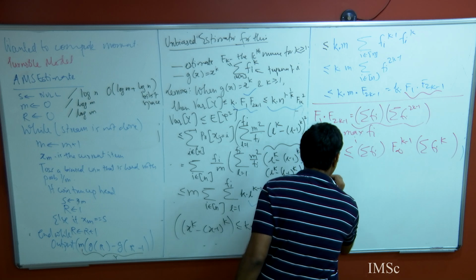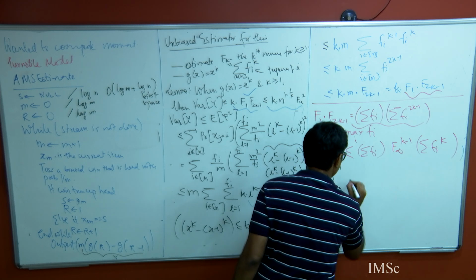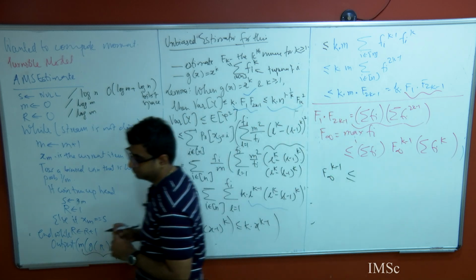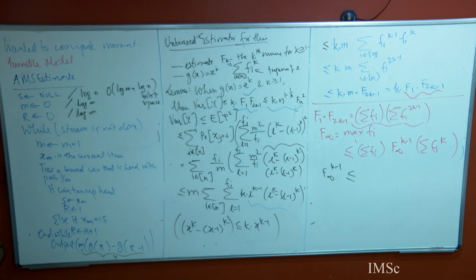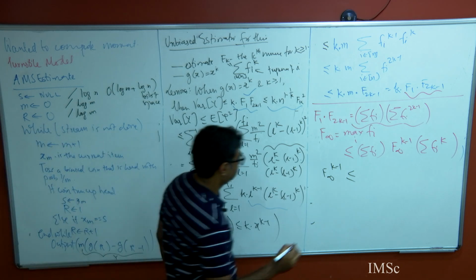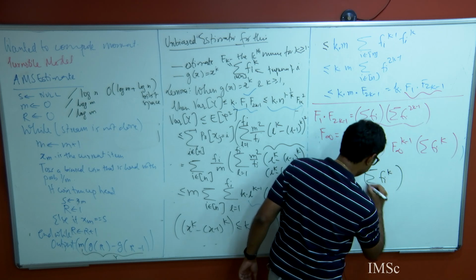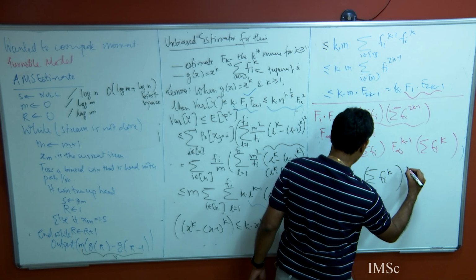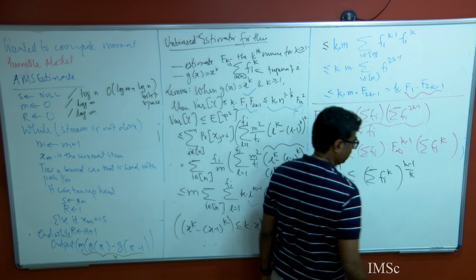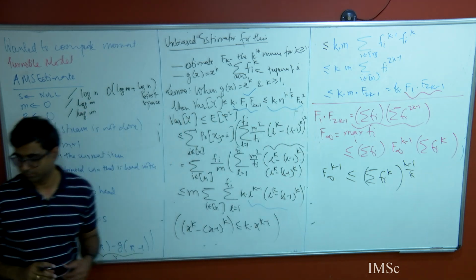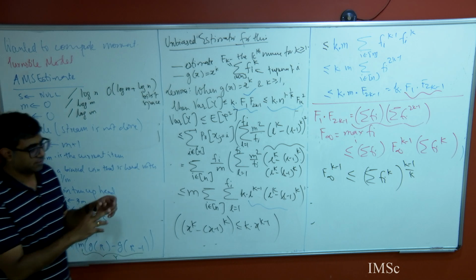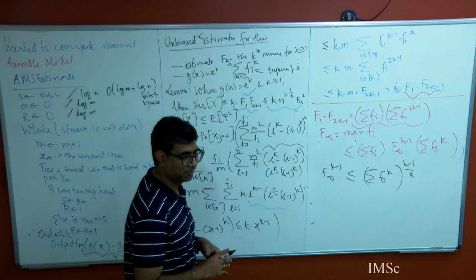I want to show f infinity^(k minus 1) is less than or equal to (summation f_i^k) to the power k minus 1. This is what I would like to show. Do you believe this? No? You don't believe this? Okay.